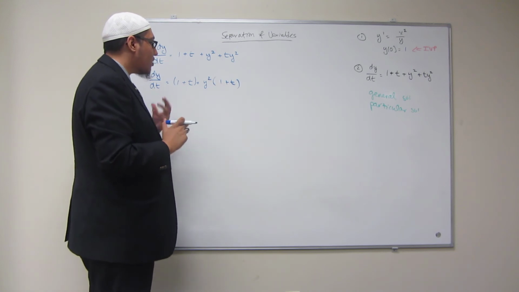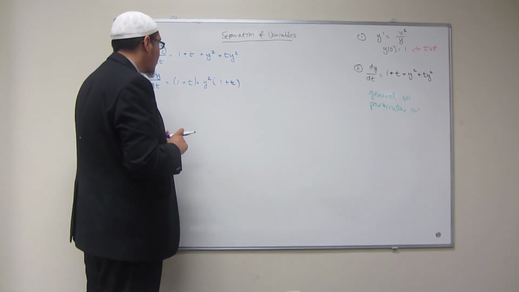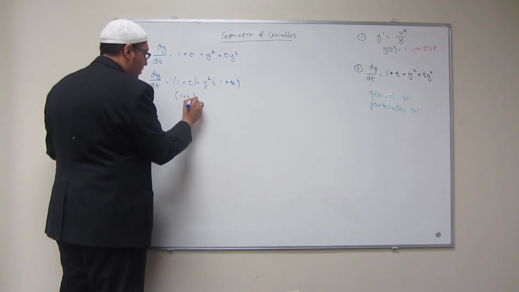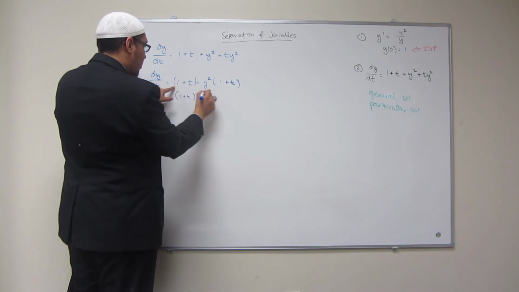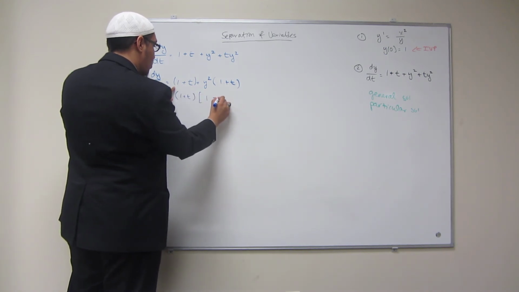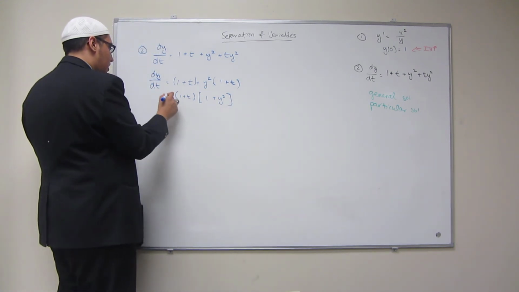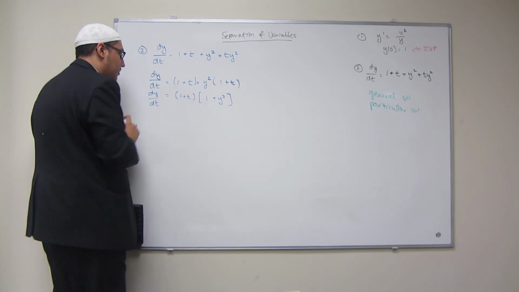So we can pull that out as a greatest common factor as well. So we have 1 plus t times 1 plus y squared, simply because I pulled out the 1 plus t, equal to dy/dt.